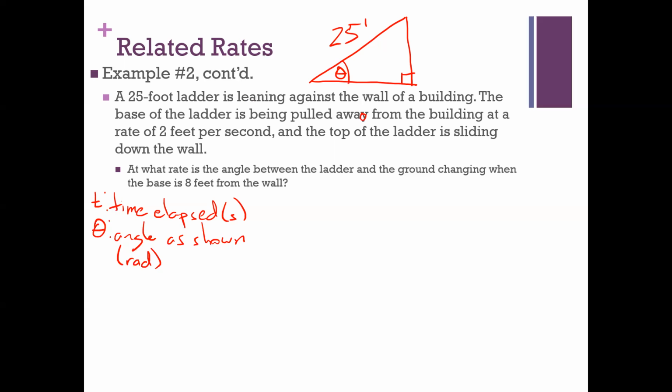Could I have drawn theta up at the top of that triangle? I think that would not be in the spirit of what I'm asking here. So why did I have to draw it where I did? Good. Because it's asking between the ladder and the ground, right?